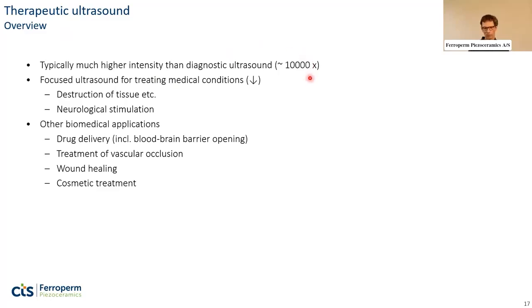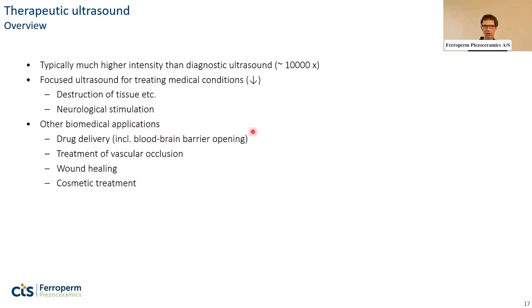It may be 10,000 times as high as for diagnosis. An important case here is when you use focused ultrasound for treating some medical conditions. I have more details on that on the next slide, but it could be for destruction of tissue or for neurological stimulation.